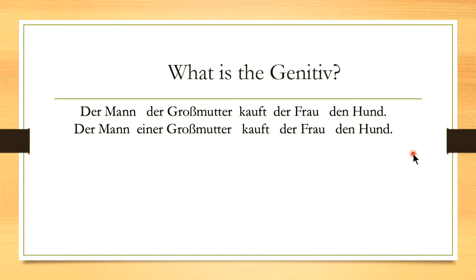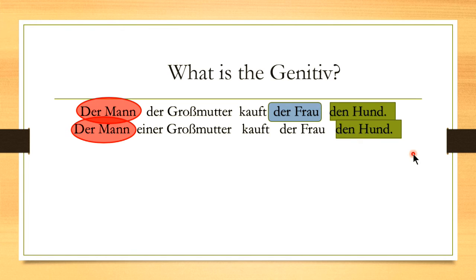Absolutely makes no sense. All right, however, because der Mann here is still the subject or the nominative, den Hund is still the Akkusativ, der Frau is still Dativ, and now der Großmutter is the Genitiv. Now I used arrows specifically to really point this out.